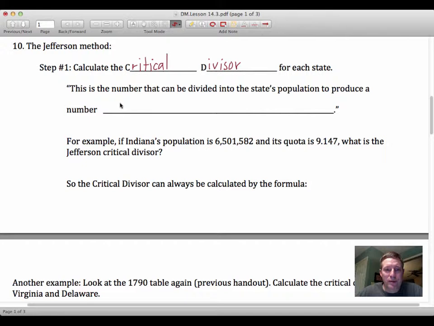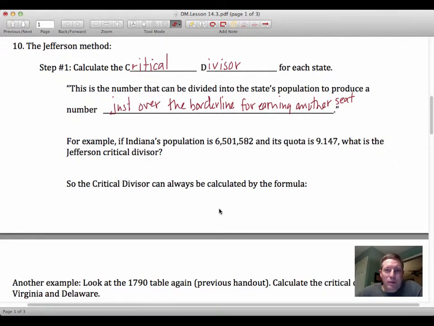This is going to produce a number that can be divided into the state's population to produce a number that's just over the borderline. It's kind of an odd way to say this. It's just over the borderline for earning another seat. It's a little difficult to write this in a stylus. Hopefully you can read that.